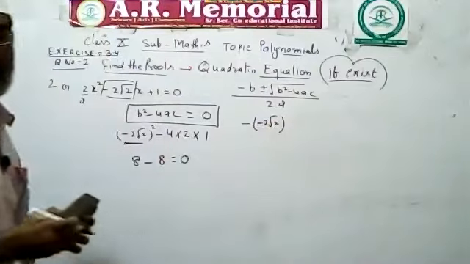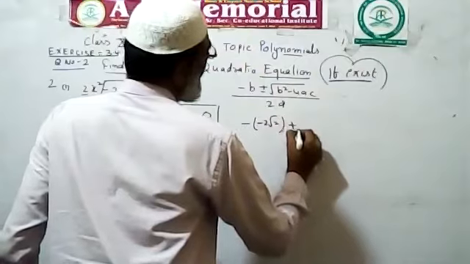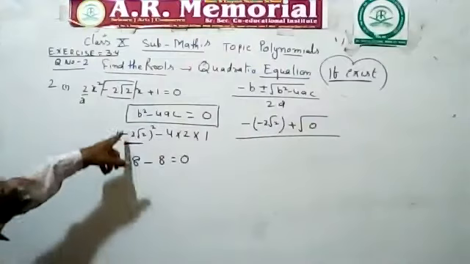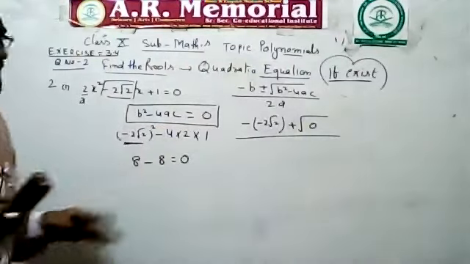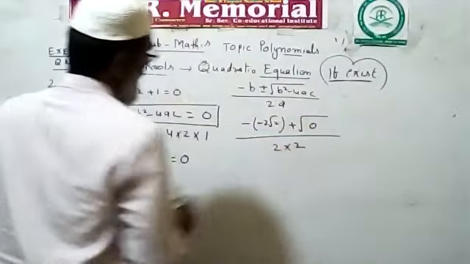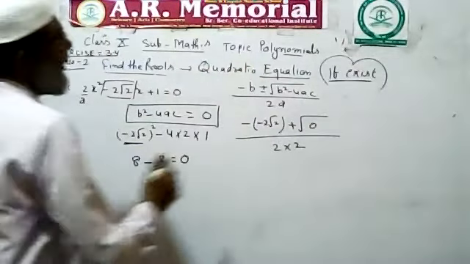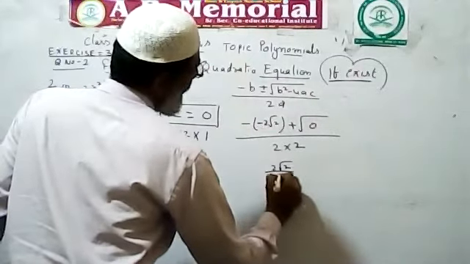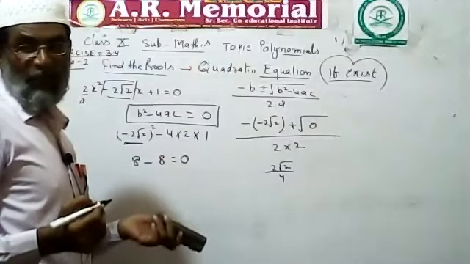This is the B, from here. Positive. First I will take 0. Sir, how can we take 0? Look, b square minus 4ac I got 0 from here. So put the value directly. And downside 2 into A, 2 from the formula and A from here. So here comes minus minus 2 root 2 plus minus root 0. Positive is there. So 0 has no role in this.